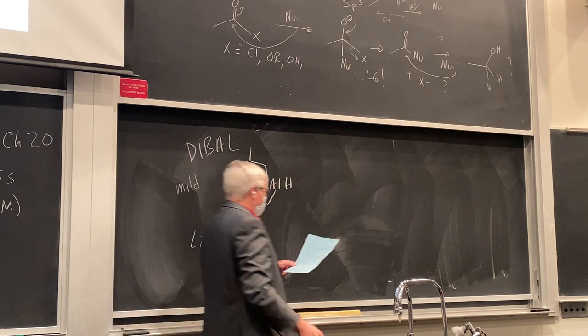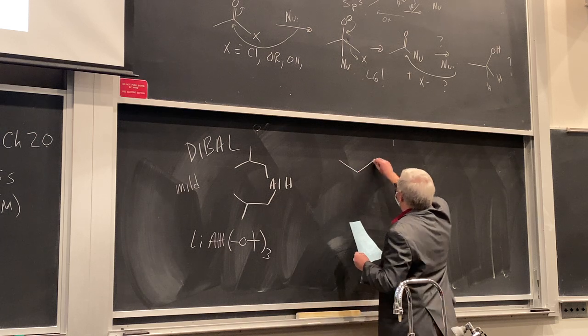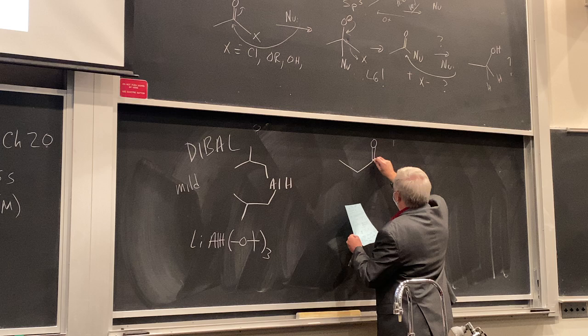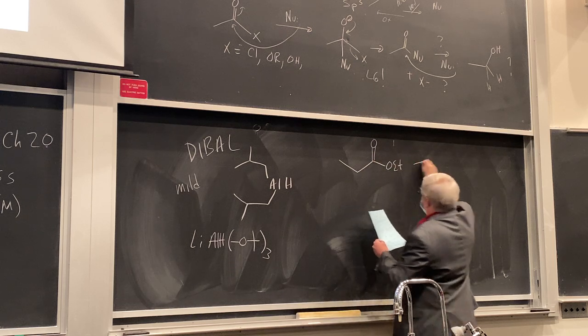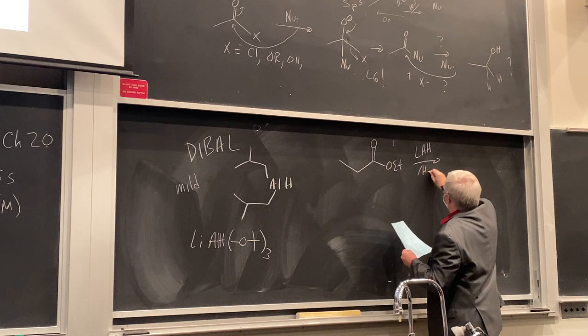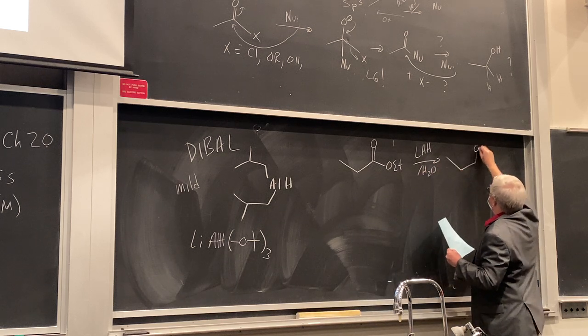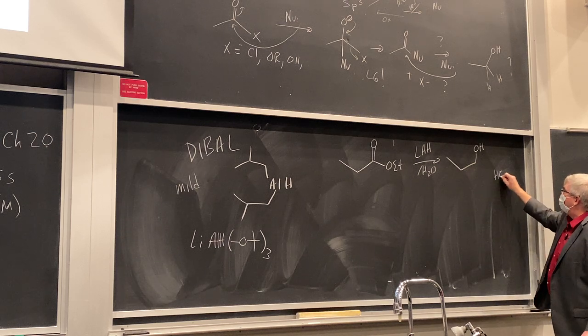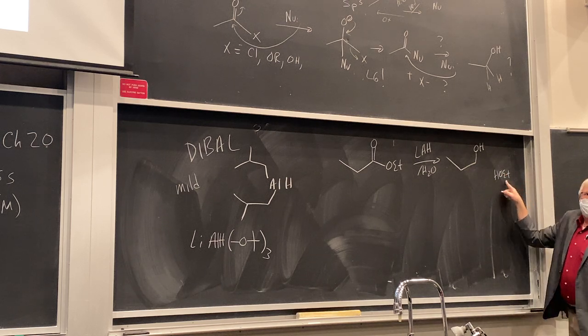So let's look at these reactions first with esters. So if we take an ester like this, react it with LAH, quench with water, we'll get the primary alcohol, okay? The byproduct here is ethanol. Sometimes we keep track of that too.